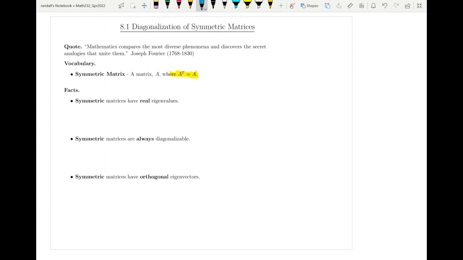Some facts that we may or may not establish in detail are the following: that symmetric matrices have real eigenvalues. Remember that a matrix generally has real and complex eigenvalues, because roots of polynomials with real coefficients will have real or complex roots. For symmetric matrices, the case is only real eigenvalues, and this we proved in the case of 2x2 matrices.